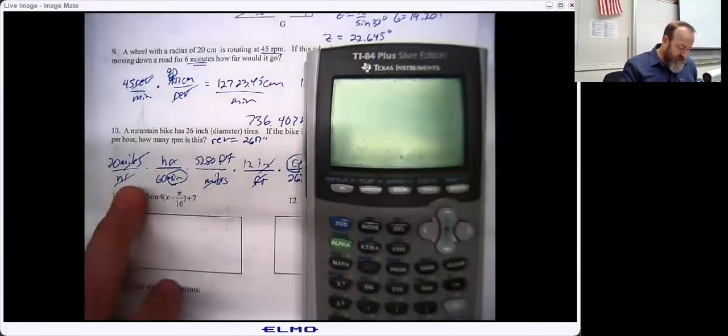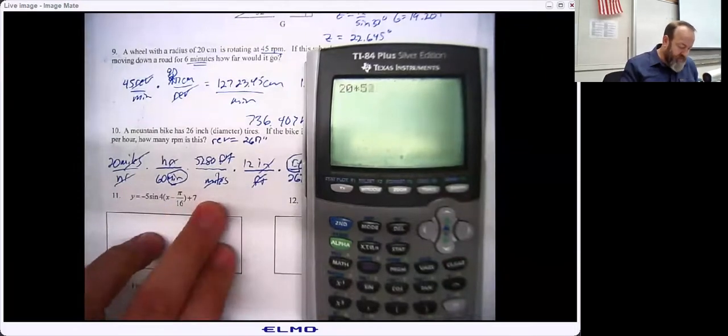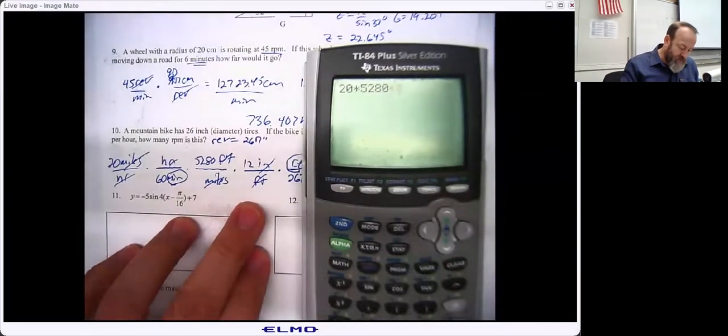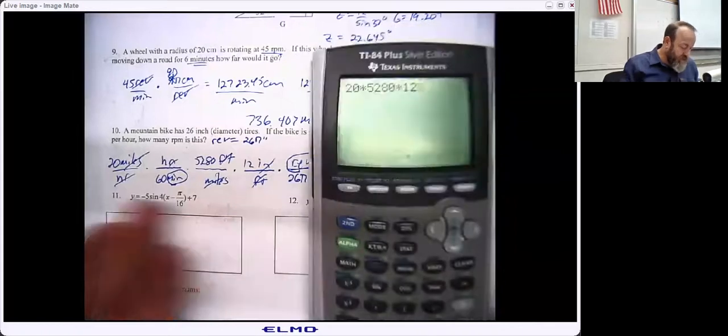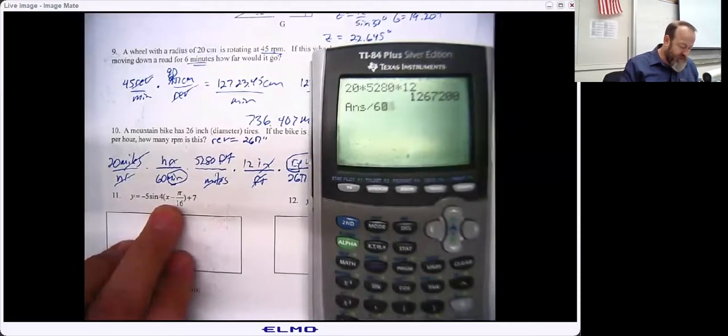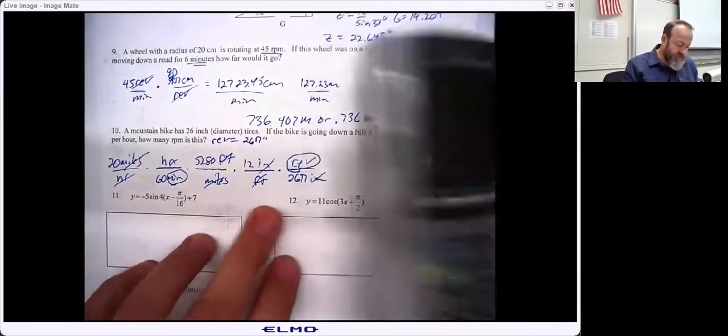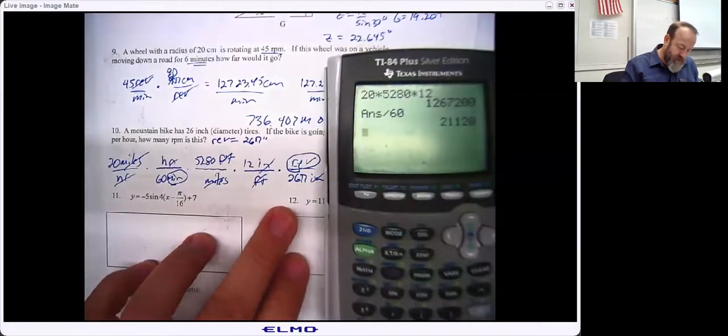So we got 20. We're going to multiply by 5,280. We're going to multiply that by 12. We're going to divide that by 60, and then we're going to divide that by 26.